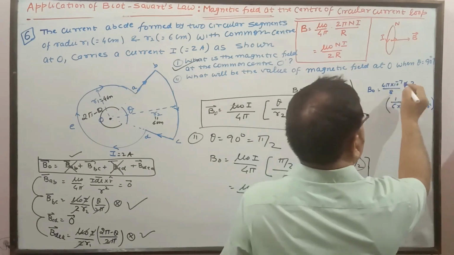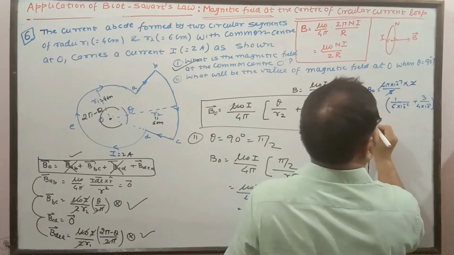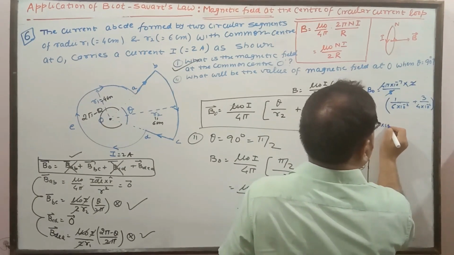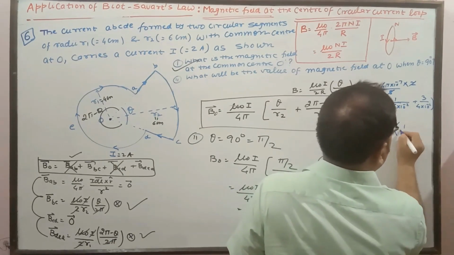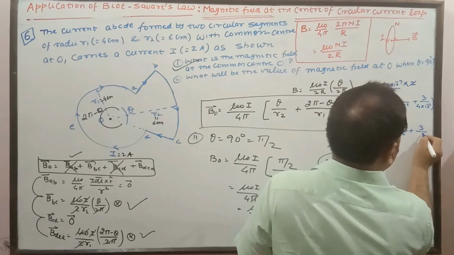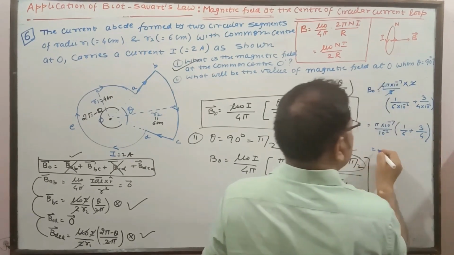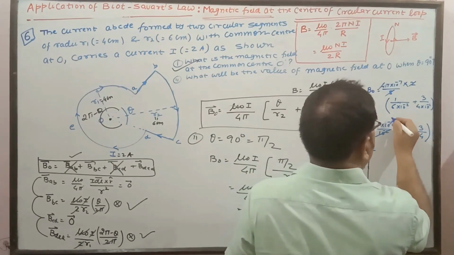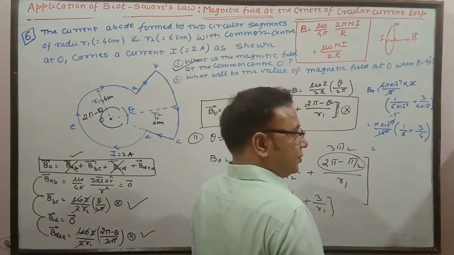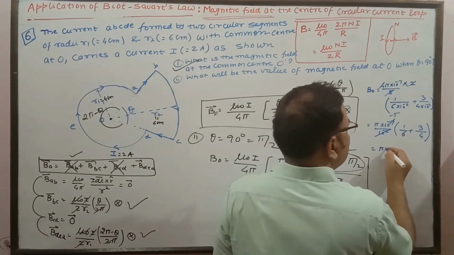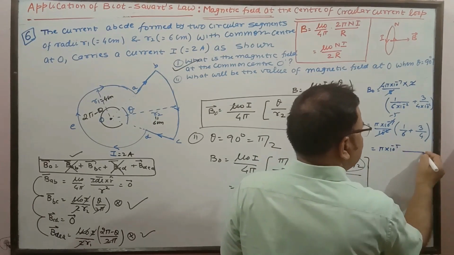Now this 4 twos are 8, that is cancelled out. So this is pi into 10 to the power minus 7. And from here you are getting 10 to the power minus 2. 1 by 6 plus 3 by 4. That is what we have. So this is 10 to the power minus 5. So this gives pi into 10 to the power minus 5. Here LCM is 12.